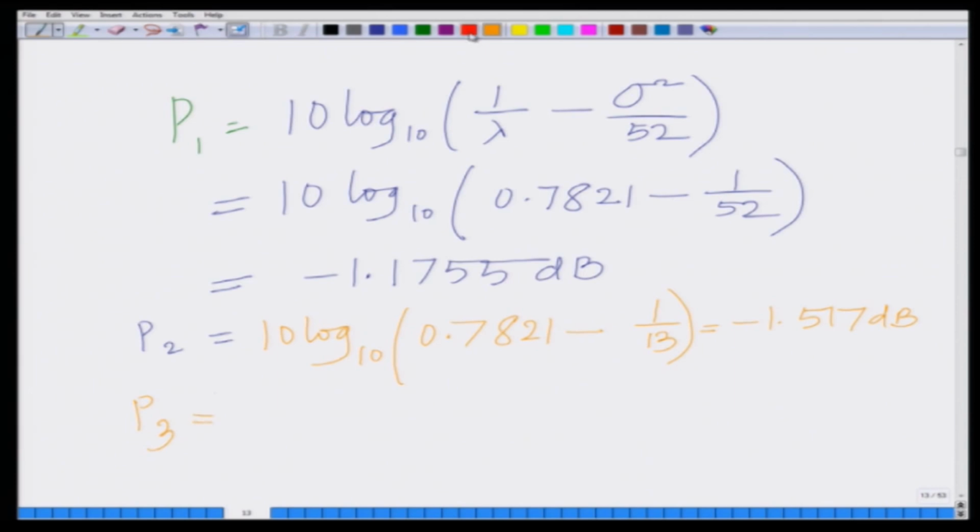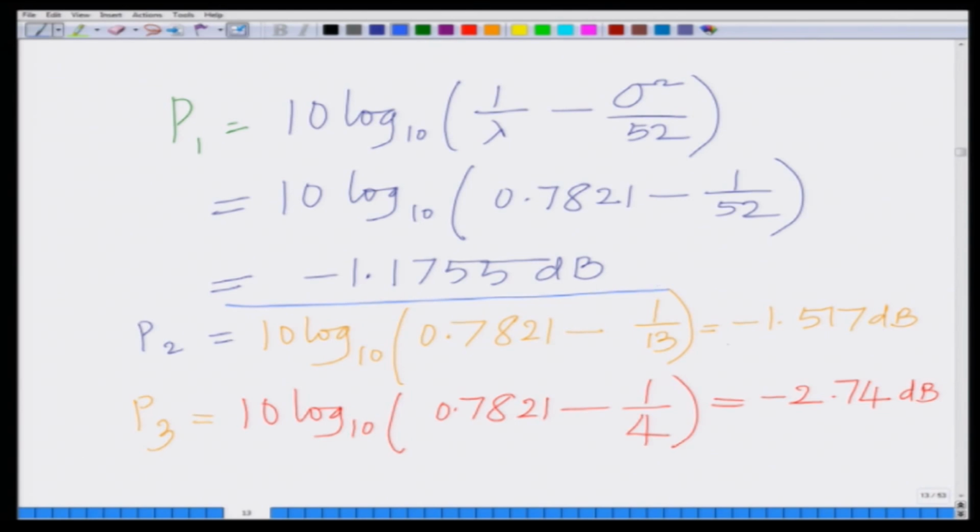P3 equals 10 log 10 of 0.7821 minus 1 over 4, equals minus 2.74 dB. So, what we have done is we have found the expression for P1, the power P2, and the power P3, and these are the powers.